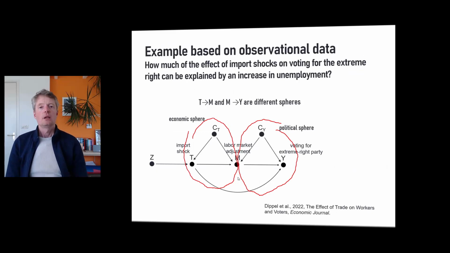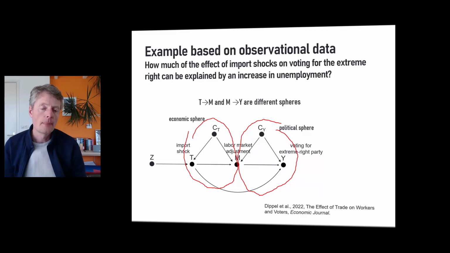One example of this method is provided by a paper that has just been published by the same authors in the Economic Journal, where they look at the effect of economic shocks, in this case shocks to imports, and how that affected voting for an extreme right party in Germany, Alternative für Deutschland.